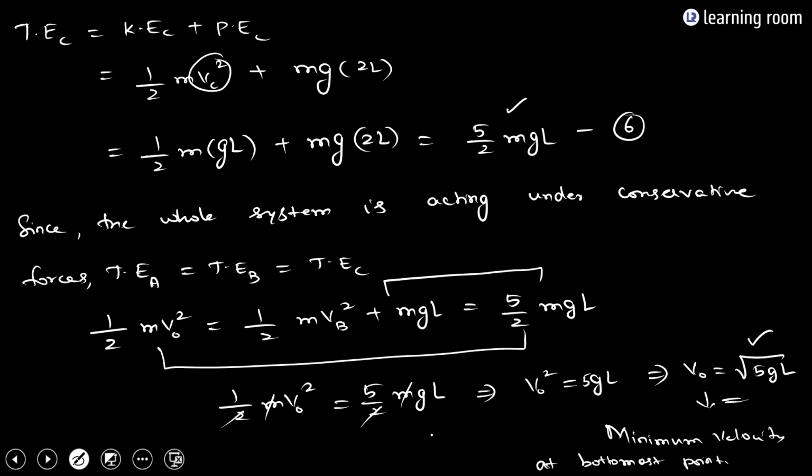Where did VC square become GL? I didn't get your question. You didn't understand VC square. Kinetic energy, half mv square.